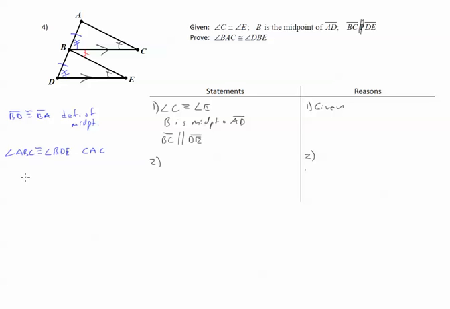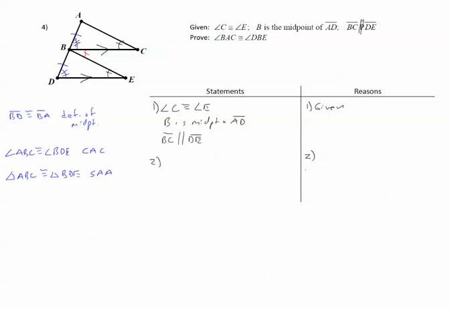We also have that side angle side will allow me to say that triangle ABC is congruent to triangle BDE, because we have side, I misspoke, I apologize, side angle angle.